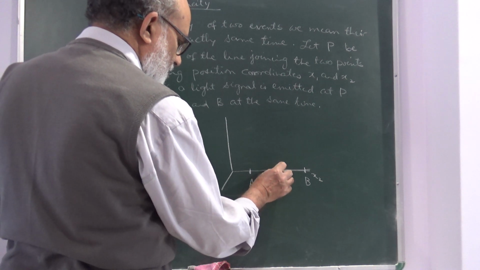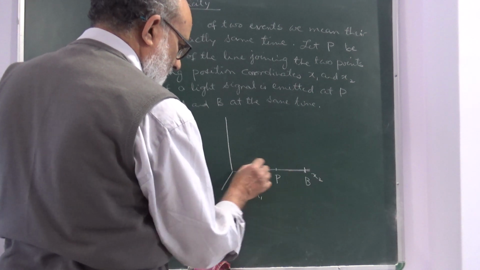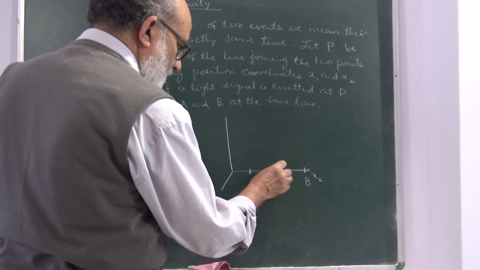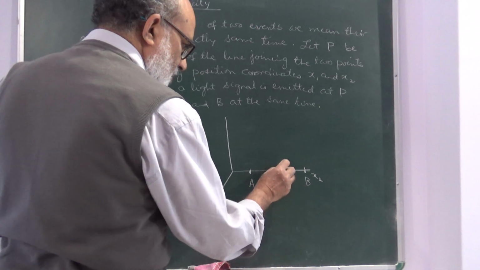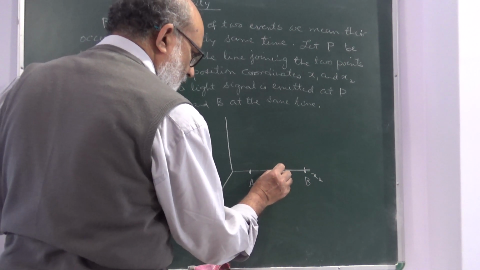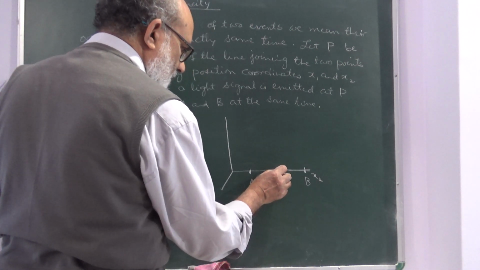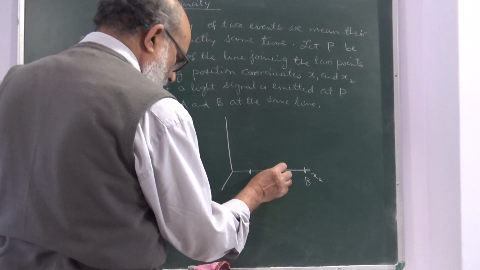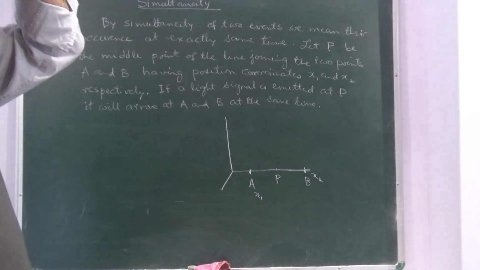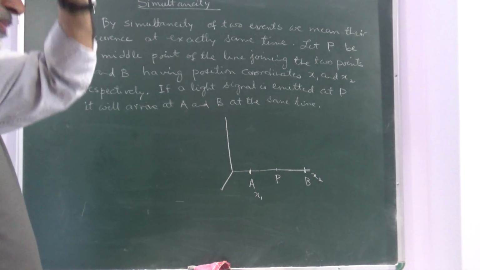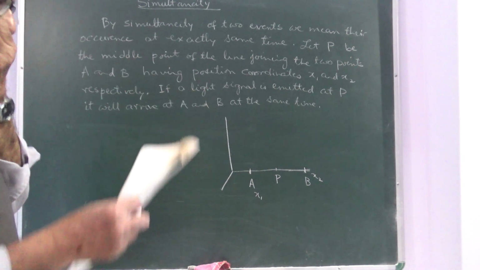The light will reach both x2 and x1 at the same time, because this is the middle point. The speed of light is the same in all directions, so the time taken by the light to travel from P to B will be the same as the time taken from the point P to A. So the arrival of the light pulse at A and B will be simultaneous.